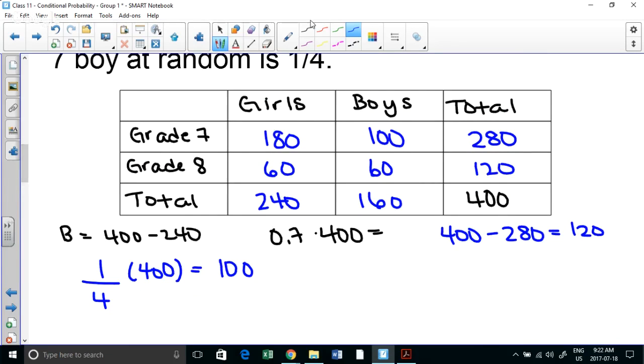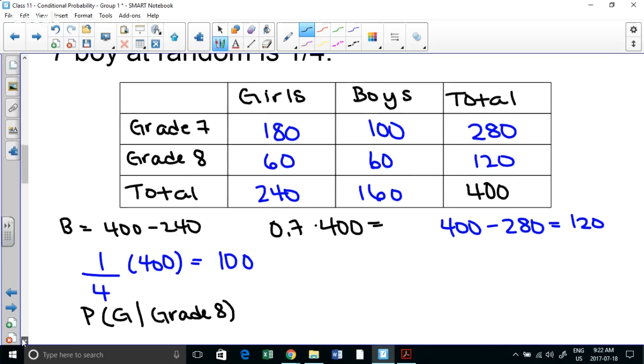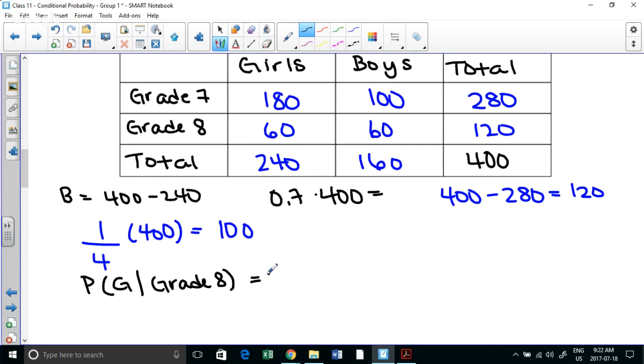Now I could ask you, let's say, what is the probability of selecting a girl given that she is in grade 8? Well, this is the number of girl grade 8, the intersection of them, divided by the total number of grade 8.